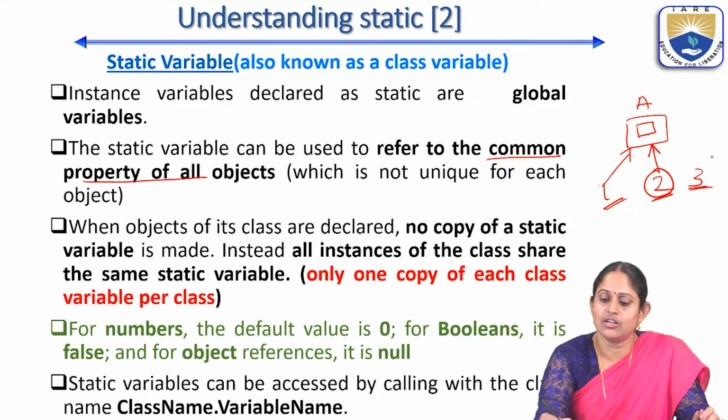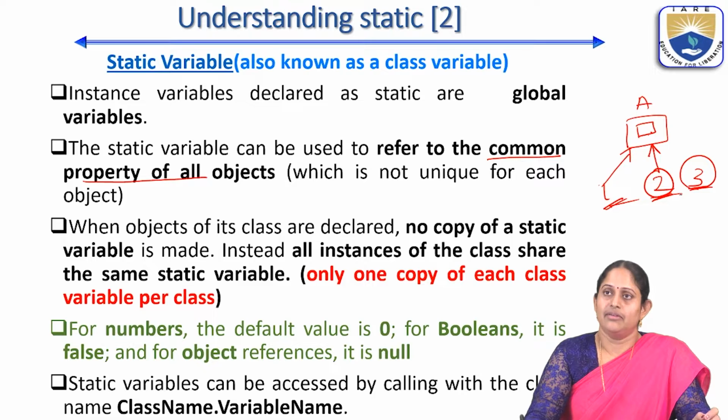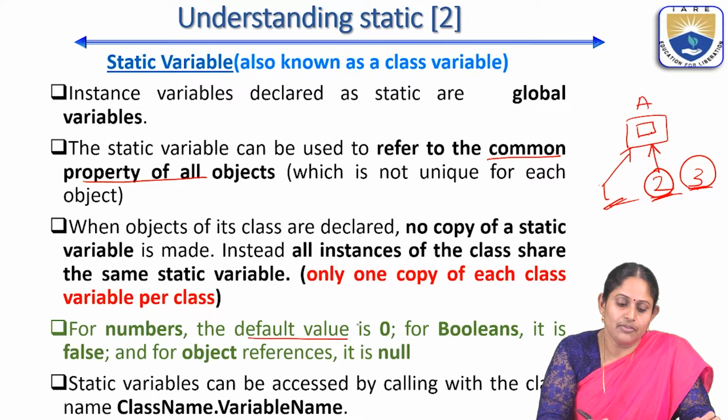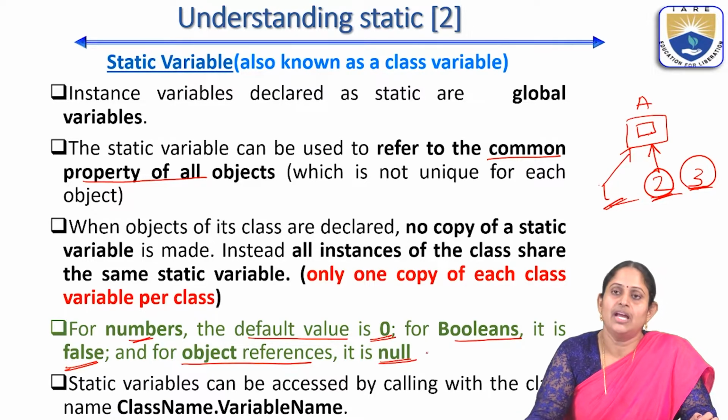Similarly, if the third also writes into it, then the value written by the third will be seen by all these objects. As a default value, if the variable is a number, the default value is 0. For Boolean, it is set as false, and for object references, it is set as null.